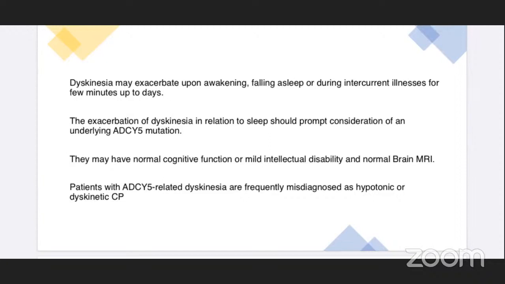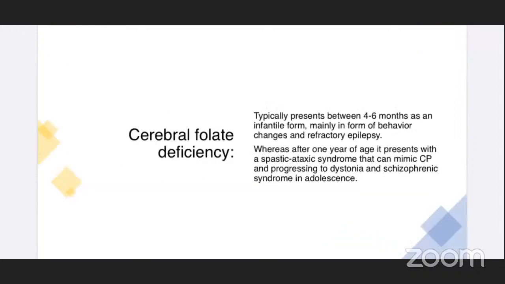Moving on to the next dyskinetic cerebral palsy mimicker, we have cerebral folate deficiency. Those patients typically present at the age of 4 to 6 months as an infantile form, mainly with behavioral change and refractory epilepsy. After 1 year of age, the presentation would be spastic ataxic syndromes that can mimic cerebral palsy, progressing to dystonia and schizophrenic syndrome in adolescence.